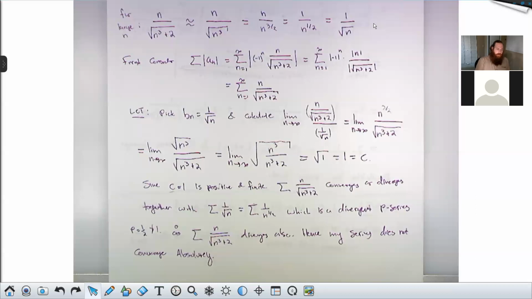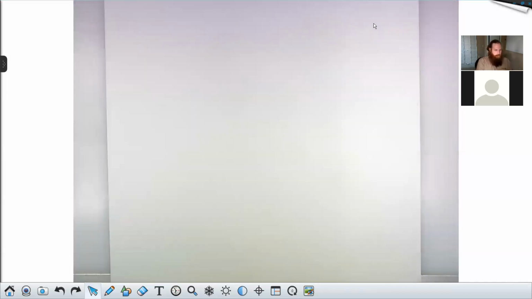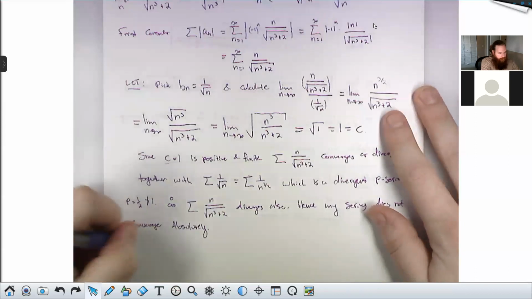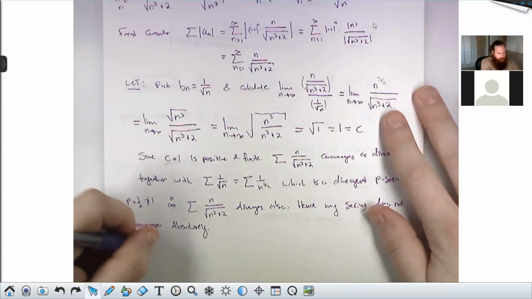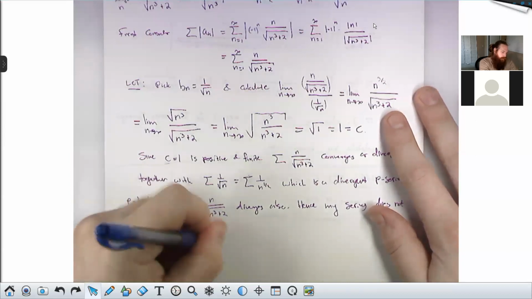But in order to show that, I need to run AST. The AST work here is kind of a pain, but we'll do our best. So, to finish things up, we use the alternating series test.